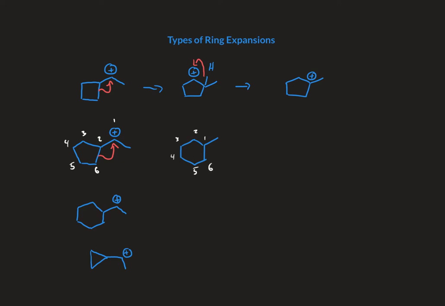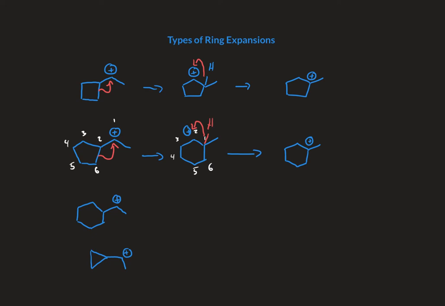And now I have broken a bond with carbon 2 and moved that to carbon 1. And so now carbon 2 is going to have a positive charge. And again, I can undergo a hydride shift to rearrange to form a 6-membered ring with a tertiary carbocation.